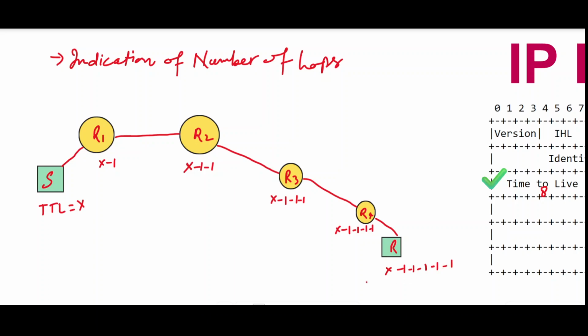That means we are saying the TTL value is decremented by 1. Suppose after getting x minus 1, the TTL value here is y, then the TTL value here will be y minus 1. If this TTL value is z, then it will be z minus 1. In this way we are saying. Clear? Numerically.